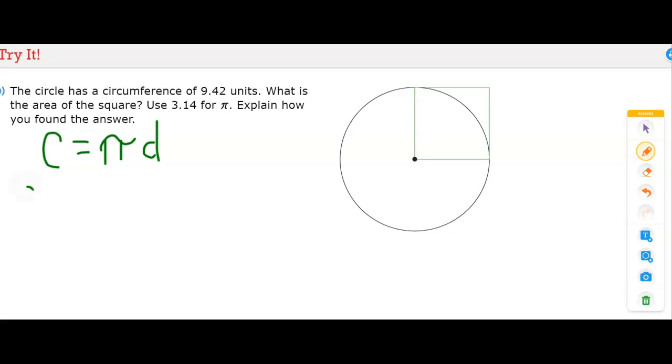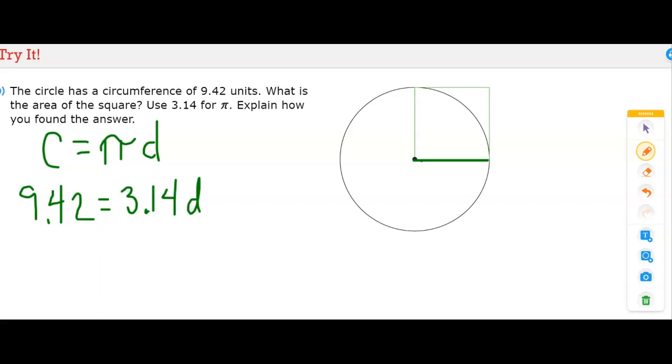They tell us the circumference is 9.42, and we know pi is approximately 3.14 times the diameter. Now we need to find the diameter, because the diameter is this distance here. If we find the distance there, we know in a square all the sides are the same, so we'll be able to find the area.